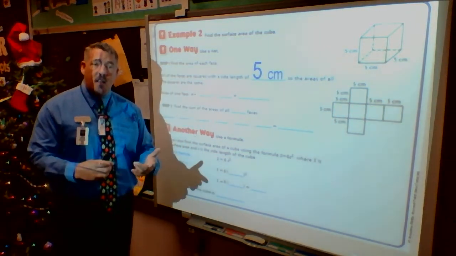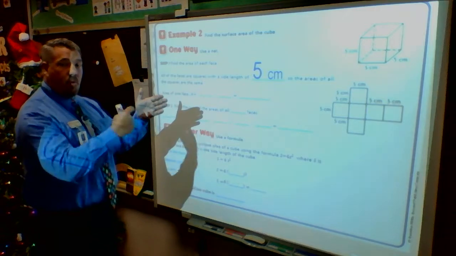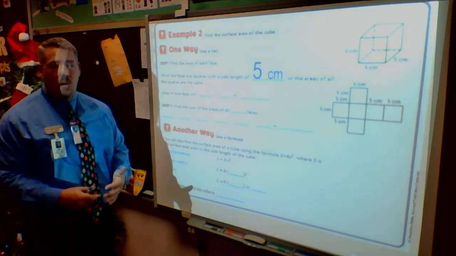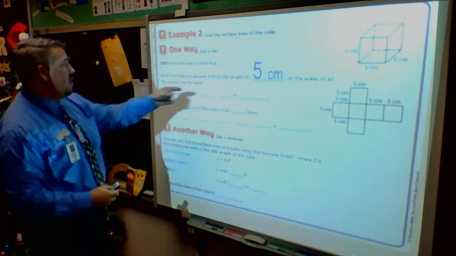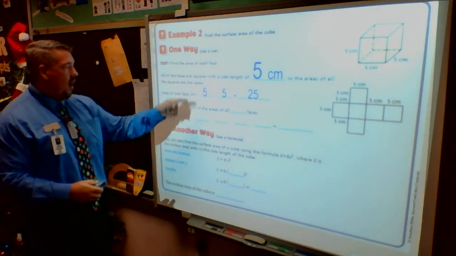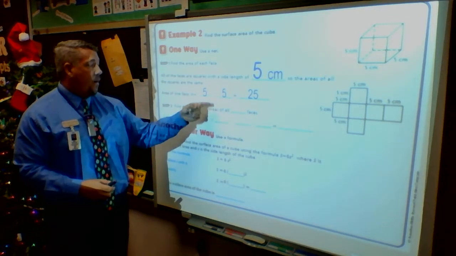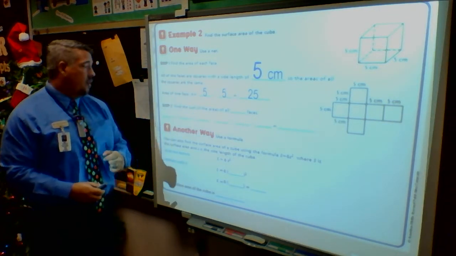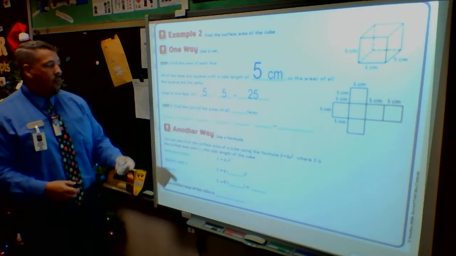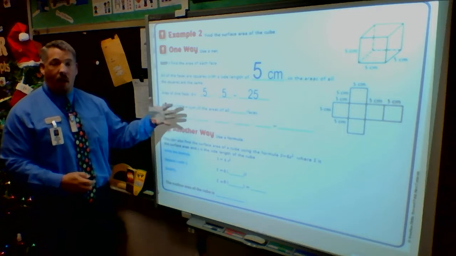But every edge, once again, edge is like a capital E, straight lines. Every edge has the same measurement. It's 5. So if I know that's true, then to find the area of the front square, I take 5 times 5. And 5 times 5 is 25. Well, then I find the sum of the areas of all the faces. If the front is 25, then the back is 25.